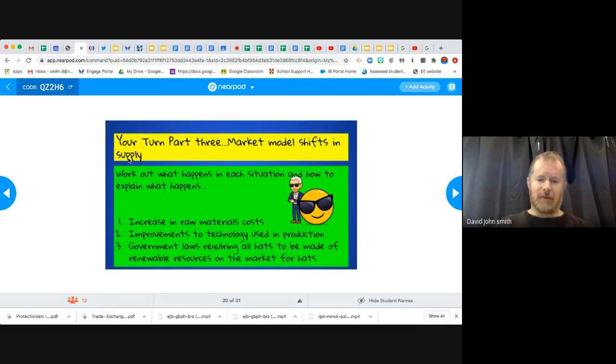Well done. Now, remember, with supply, just as with demand, the supply curve can shift to the right or to the left. That's the only directions it can shift. So when supply increased, we saw the price decrease and we saw quantity increase. When the supply curve was decreasing, what do you think will happen to the price and the quantity?